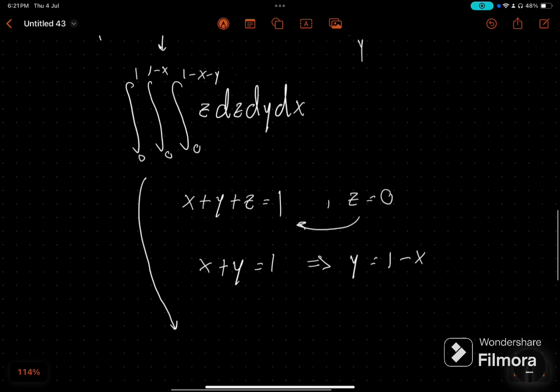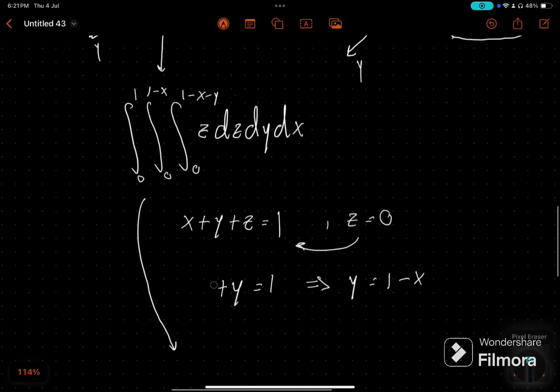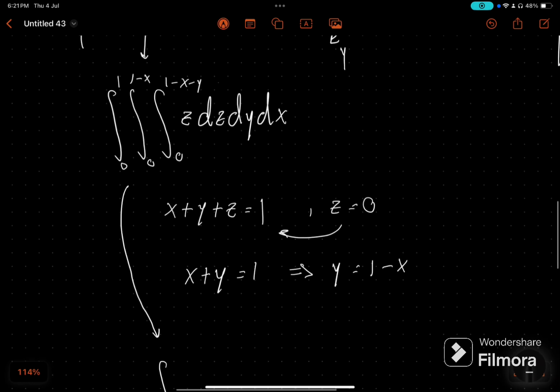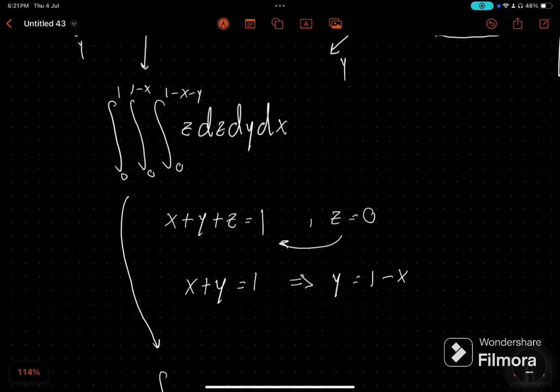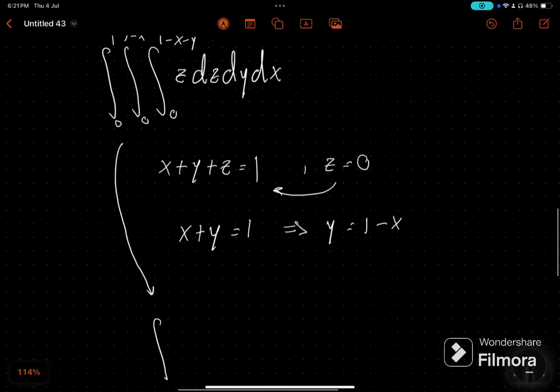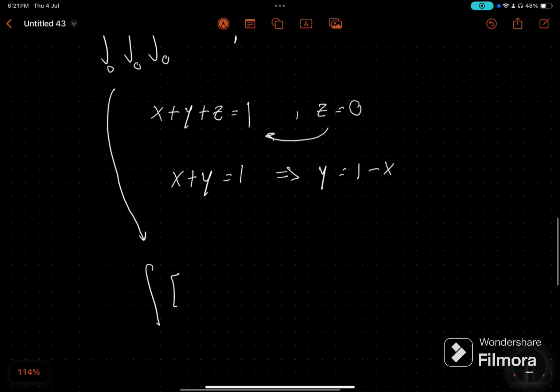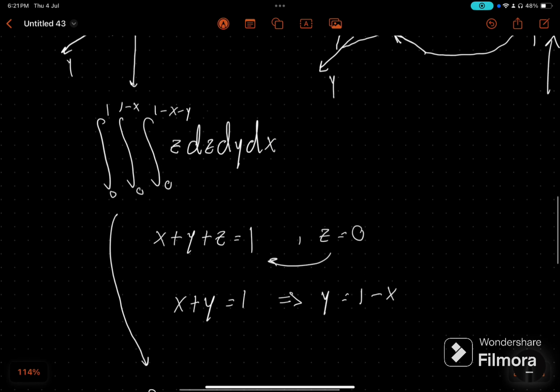Now first let's evaluate the inner integral. So the inner integral is z, so the integral of z is just z squared over 2. And now we're going to evaluate z squared over 2 at z equals 1 minus x minus y, minus the value at 0.